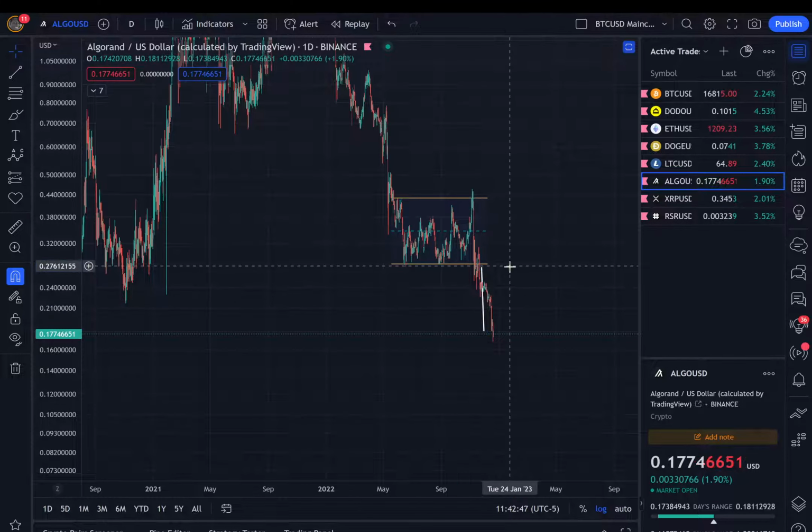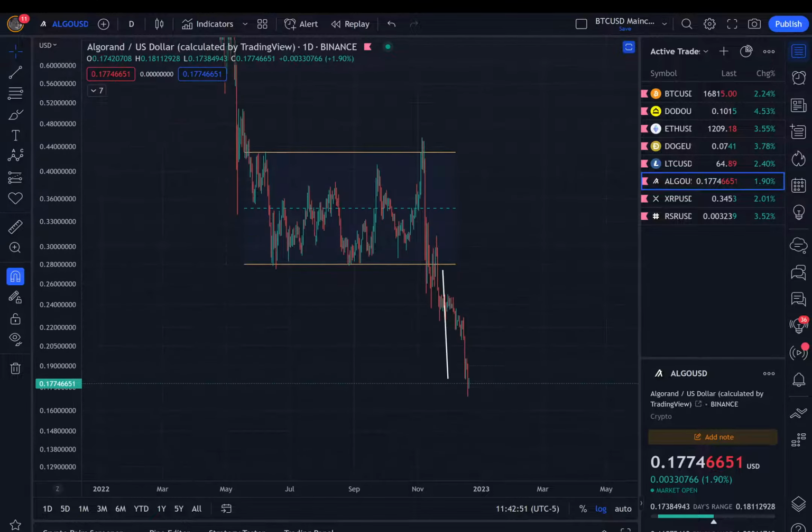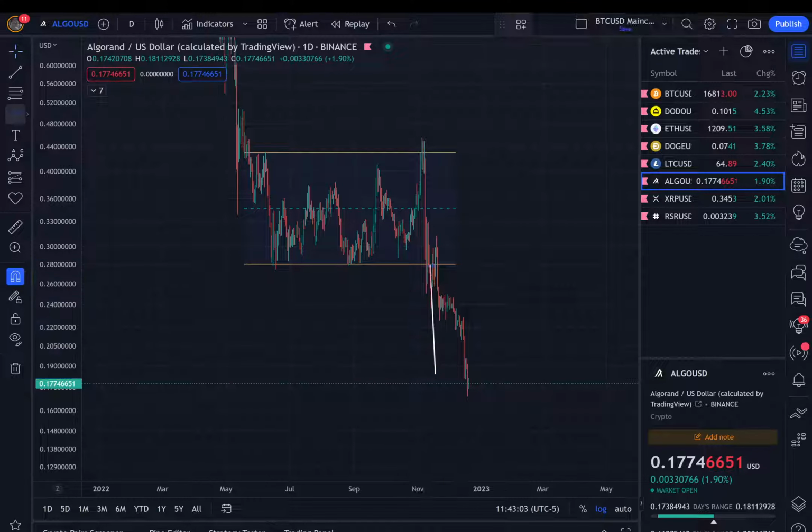You just misread something. So what's the target for a breakdown of a channel? It's the height of the channel. Do you see what I just did there? I took the height of the channel, I superimposed it from the point of breakout. You're at your target. So if somebody's asking, hey Dean, is Algo bottomed? As far as I know, yes. Why?